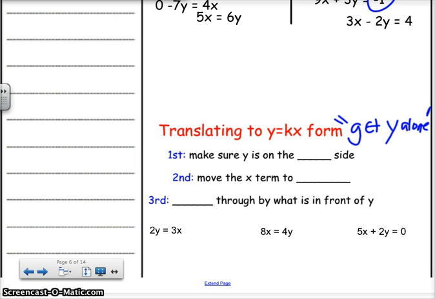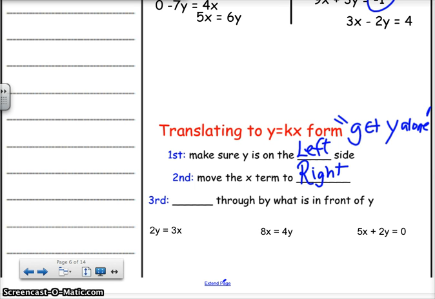Because direct variation, proportional relationships is all related to slope-intercept. So we want to make sure y is on the left. We want to make sure the x term is on the right.